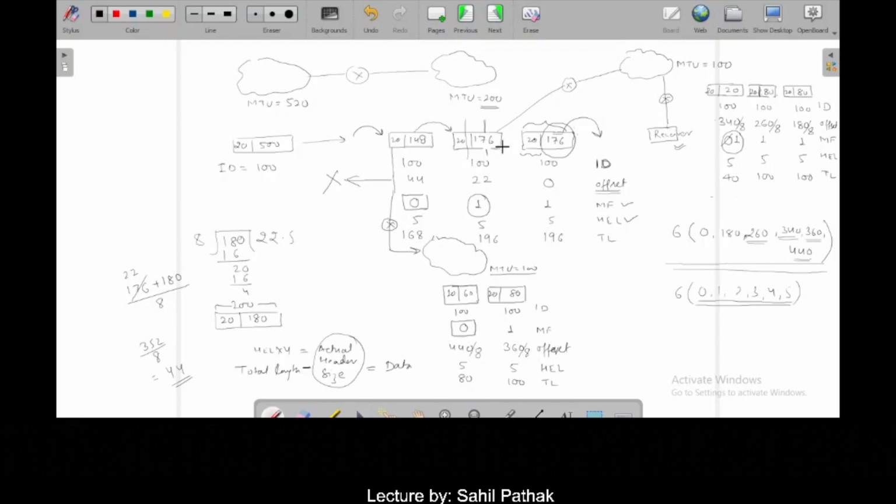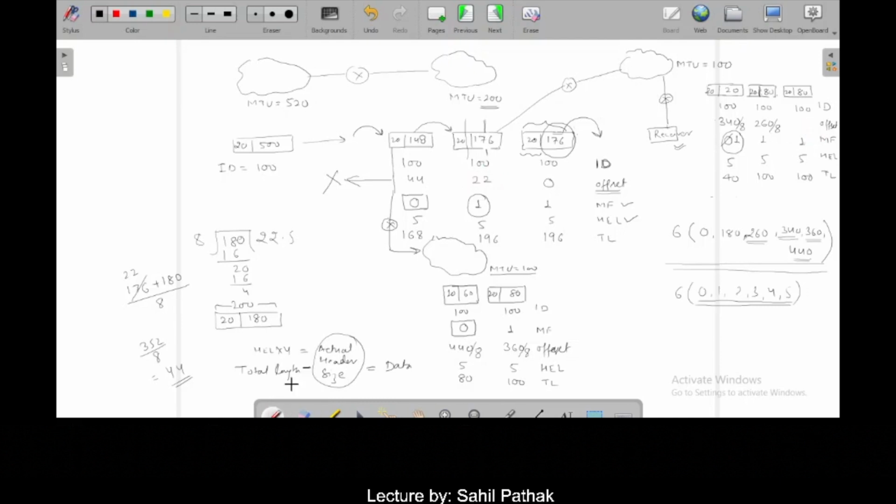Now coming to the offset of this. This is also going to change because we have changed the value over here. The data bytes ahead of this are 176, and 176 divided by 8 is 22. This is the same: you can take the value directly from the parent.